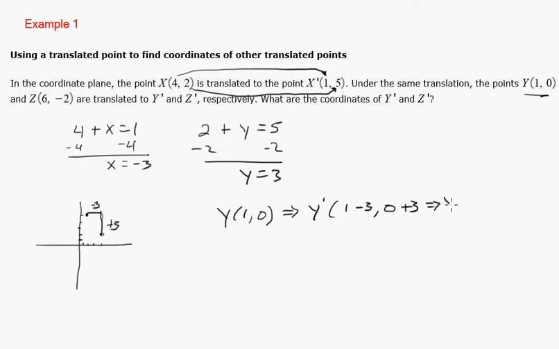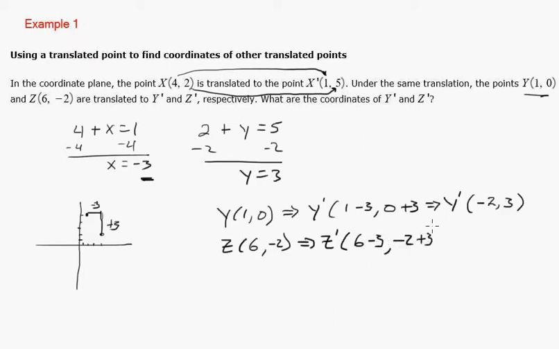So y prime becomes -2 and +3. And then z was 6, -2. So z prime would be 6 -3, take away 3, and -2 plus 3. So that I get z prime would be 3.